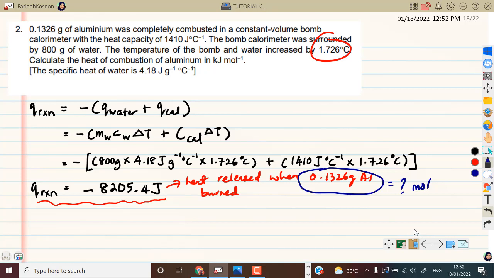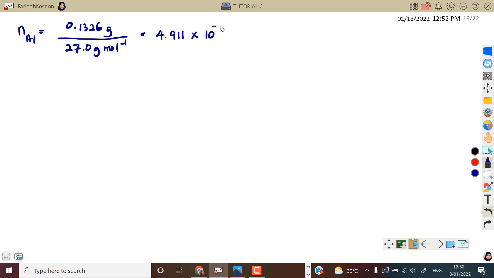Kita kena tahu dululah kita terjemahkan dalam bentuk mol. Okay, jadi maksudnya kita kira mole of aluminium. So, you have to calculate the mole of aluminium. So, which is equals to 0.1326 gram divided by the molar mass of aluminium 27.0 gram per mole. So, bila you kira, you akan dapat lebih kurang 4.911 times 10 to the power of negative 3 mole.